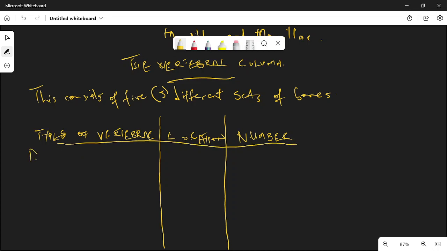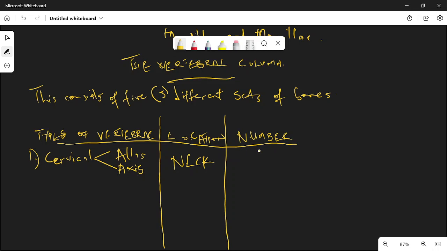So the first one, we have in the neck, we have what? The cervical, and the cervical is divided into two. We have the atlas and the axis. They are both found in the neck.